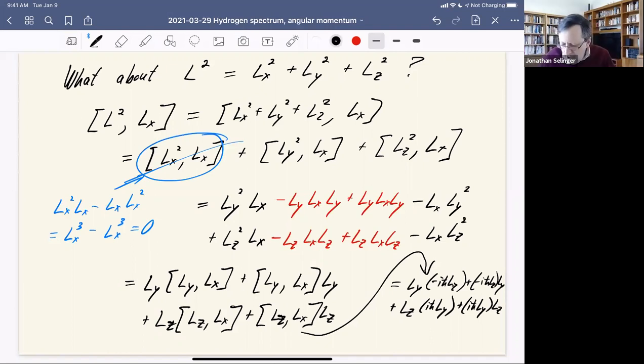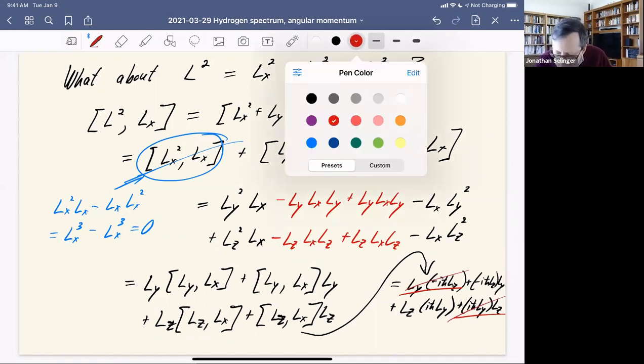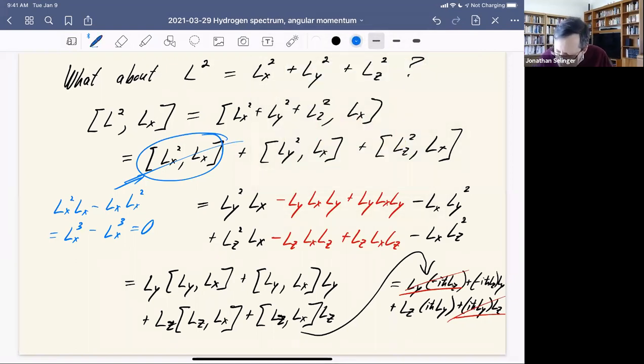Now look at what we have here. The last term is i h bar Ly Lz. How about the first term here? Negative i h bar Ly Lz. Those things cancel each other. What about the third term?